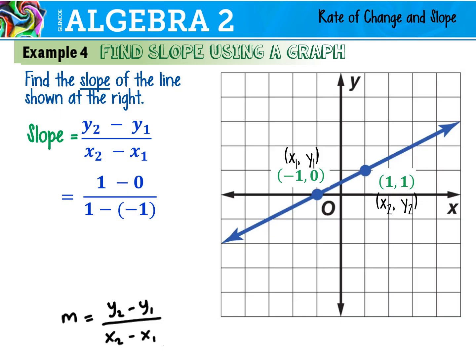So y2 is 1 minus y sub 1 is 0. And x sub 2 is 1 minus x sub 1 is negative 1. And when we calculate, we get 1/2. So that's the slope of that line. We went up 1 and right 2. Also 1 over 2. Rise over run.